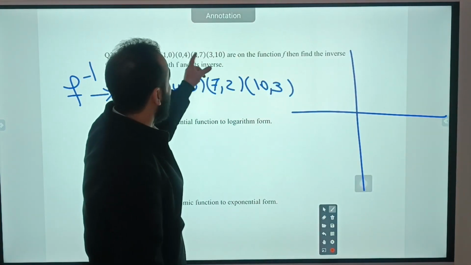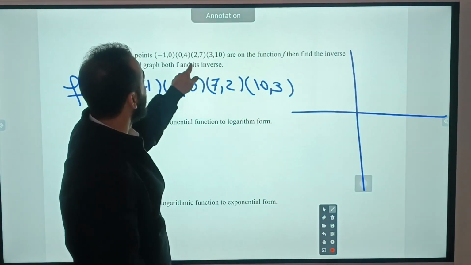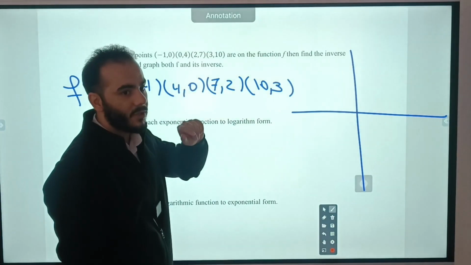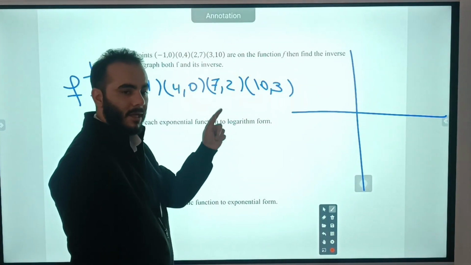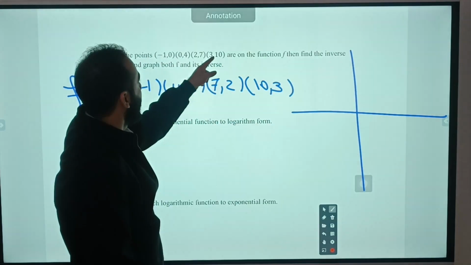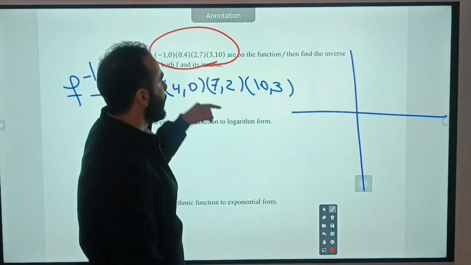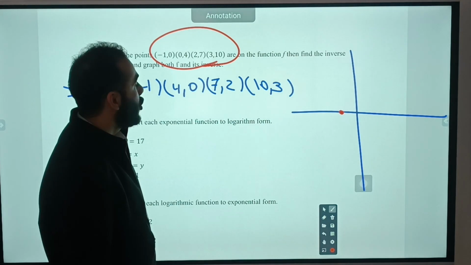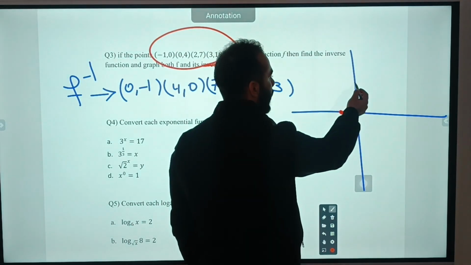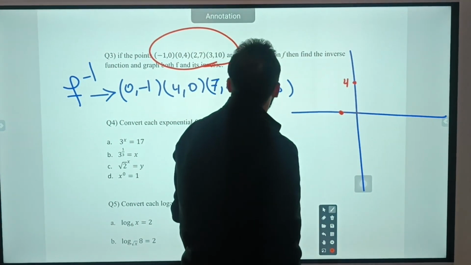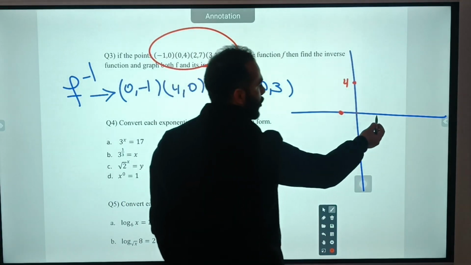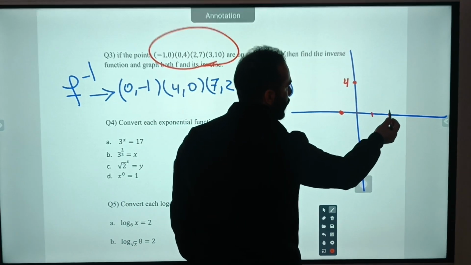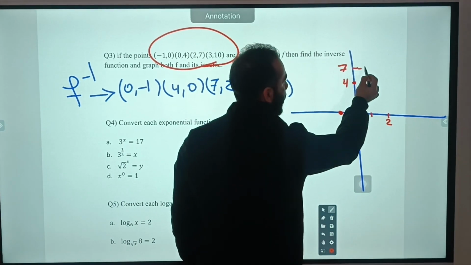The first one says graph both f and its inverse. So we need to graph f and f inverse. f is these points. Negative 1 and 0 is here. 0 and 4 is here. 2 and 7: if here is 1, 2 here, let's imagine 7 is over there.